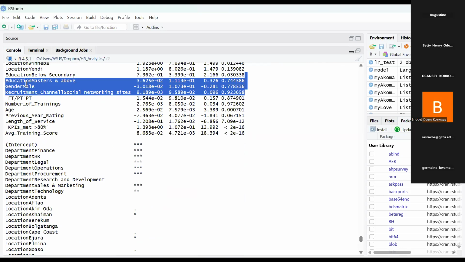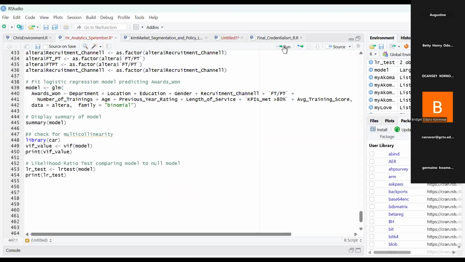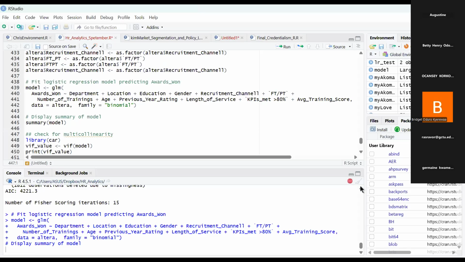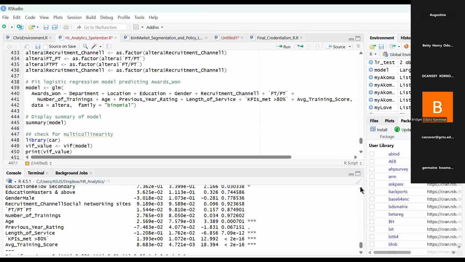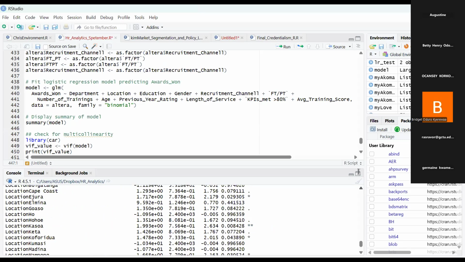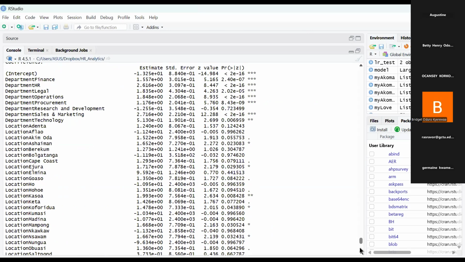Let me rerun it and see if by expanding it, you see the results are quite lengthy, and each one of them has a meaning.